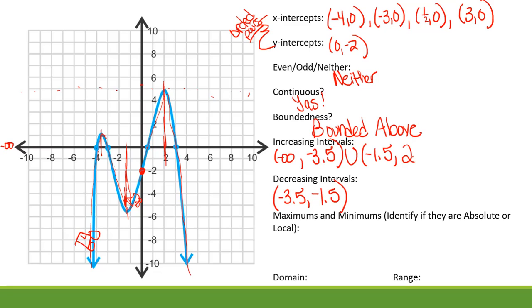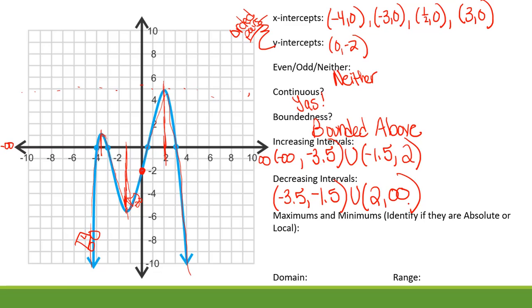So from negative 1.5 to 2, he was going up a hill. And then he's going to go down the hill forever, right? And since he's going down the hill forever to the right, I would say from 2 to infinity, he is decreasing forever.